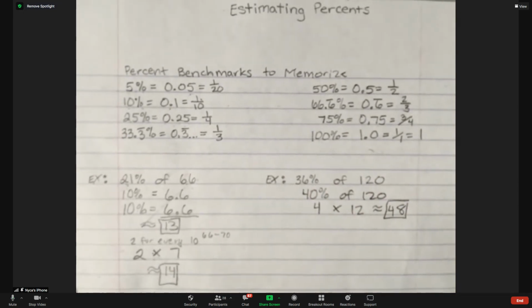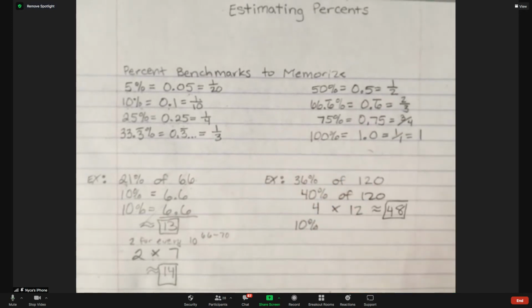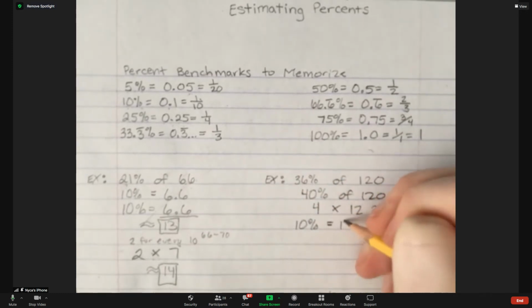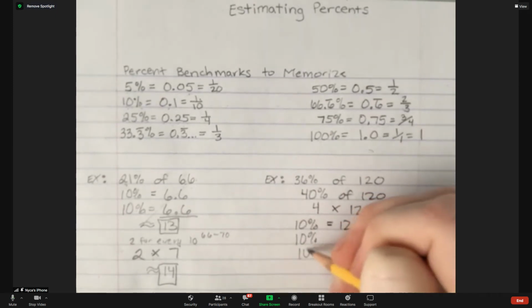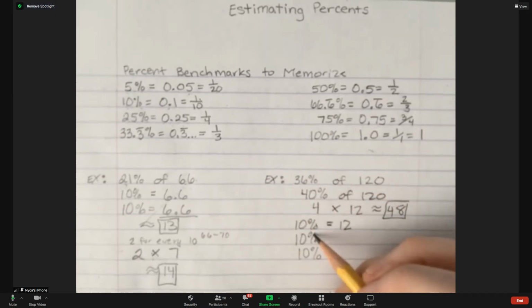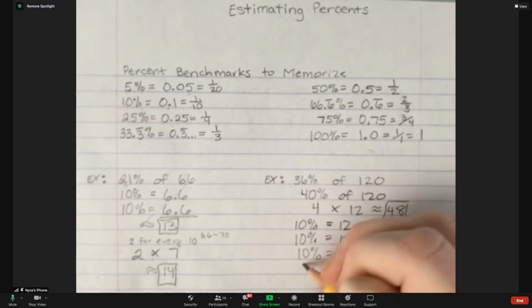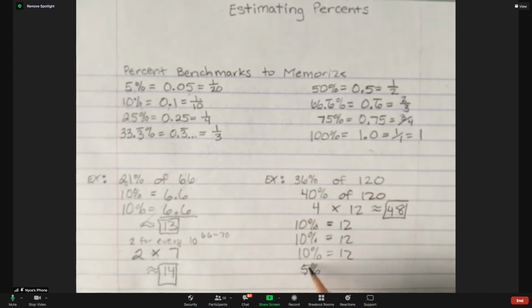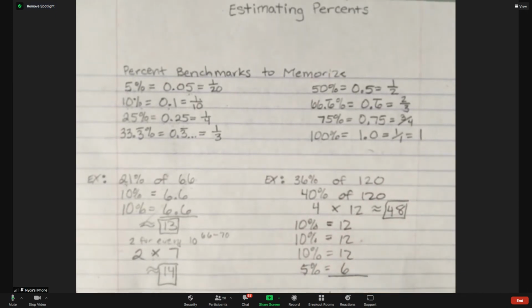Otherwise, if you look at it from inside the book, they will do 10%, which is equal to 12. And since you have 10%, 10%, 10%, that's 1, 2, 3, and then 5%, 5% is half of that, so it's 6. Your other estimate would be 12, 24, 36, 42.